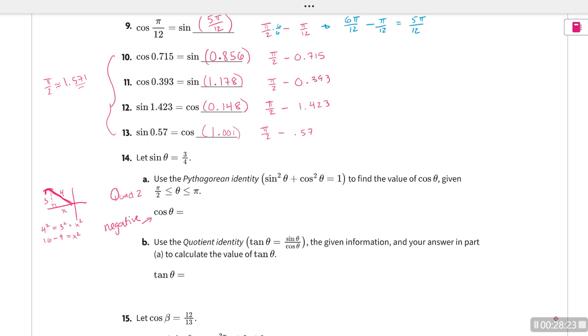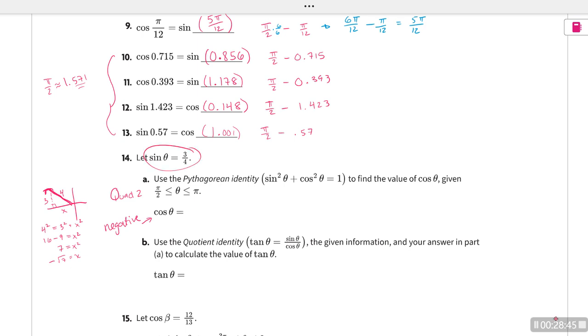So we end up with 7 equals x squared, which means x is square root of 7, only because we know x is negative, right? We're going to do negative square root of 7, which then we could do negative square root of 7 over 4. So that's going to be our answer, but let's show how we do this using Pythagorean theorem.